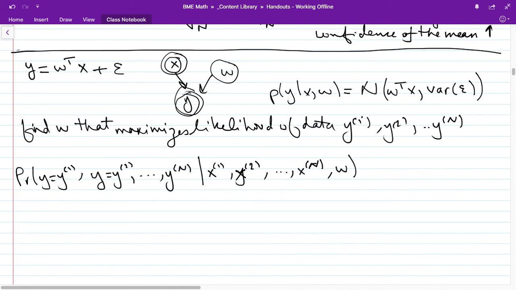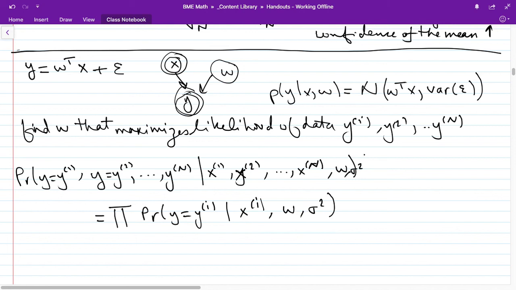and our parameter w, that's equal to, this joint probability can be written as the probability of y equal to the first data point, second data point, etc., given xi and w and sigma squared. Sorry, I forgot to put sigma squared here. Those are the unknowns that we have.